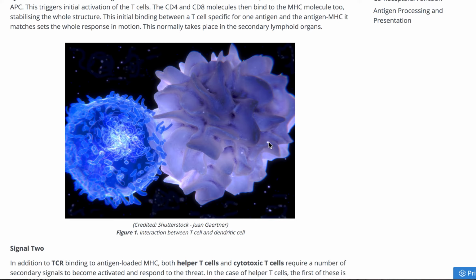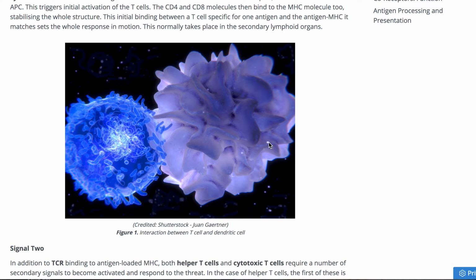Then the cytotoxic T cells will cause cell death by apoptosis. If you remember back, apoptosis is when they basically program a cell for death. And in this case, a lot of times with cancer cells, that is done by punching a hole in the cell.